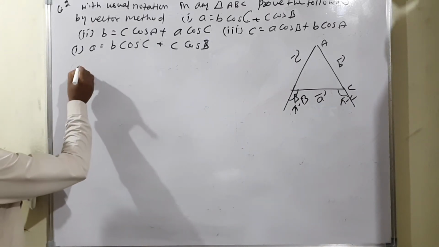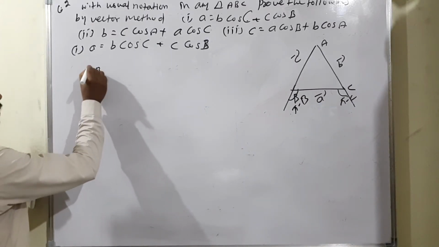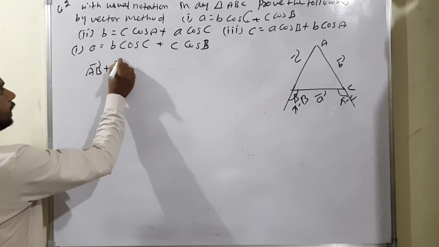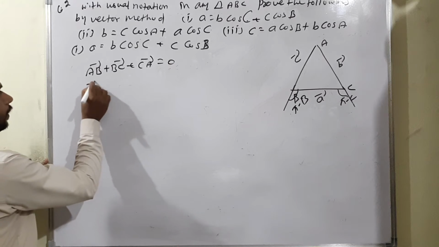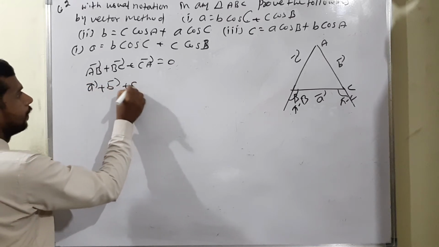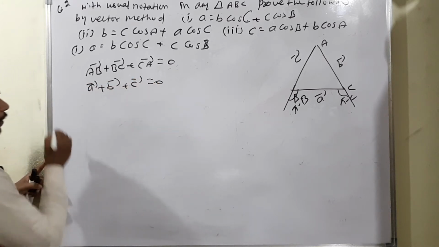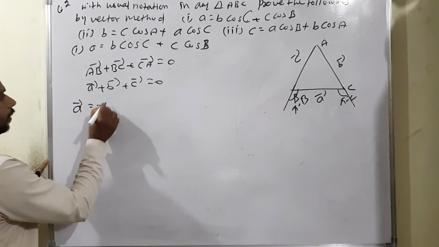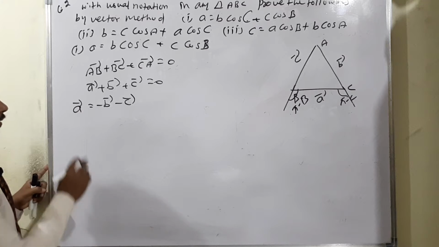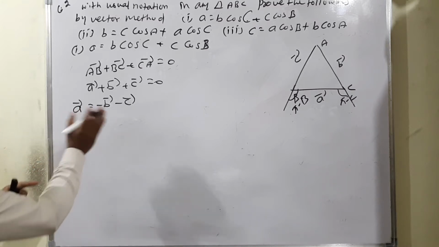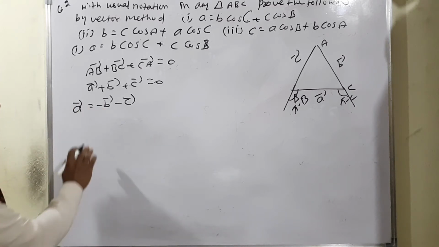Now look there. The same condition: AB vector plus BC vector plus CA vector is equal to 0, which means A vector plus B vector plus C vector is equal to 0. Therefore, A vector is equal to minus B vector minus C vector. Now, the 3 steps like example 6.1.